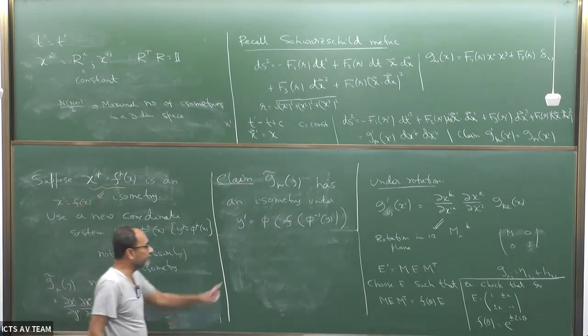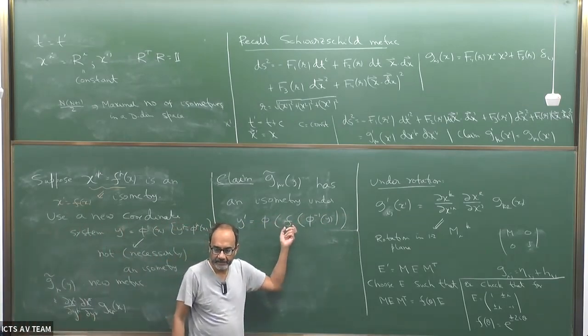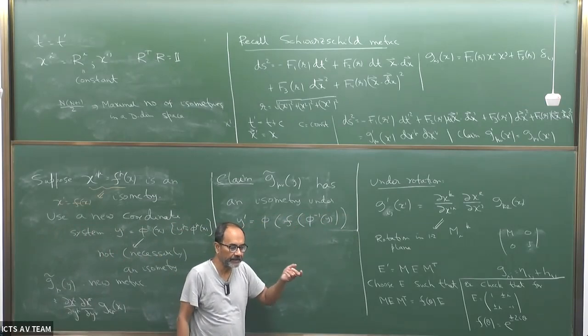Phi inverse is the inverse transformation of phi, right? If y is equal to phi of x, x is equal to phi inverse of y. That's the definition of phi inverse.